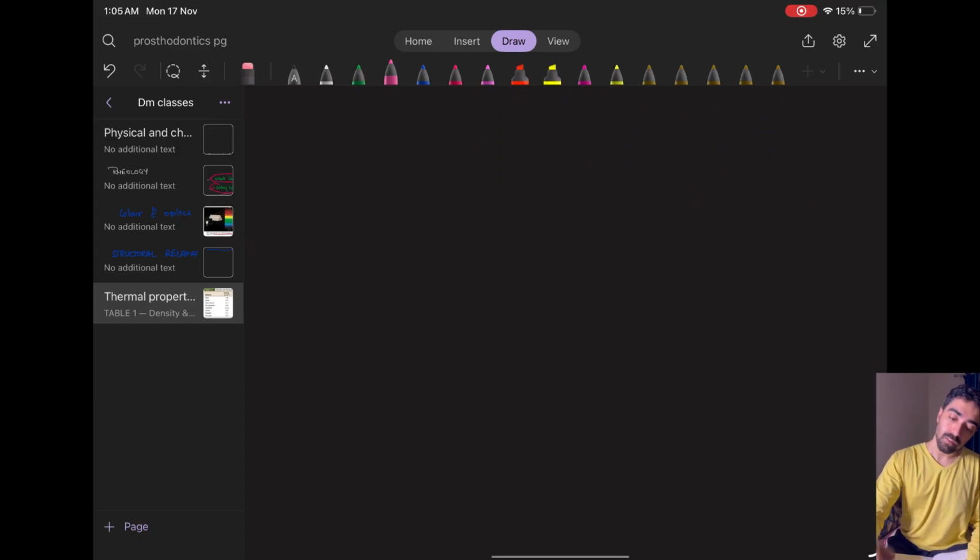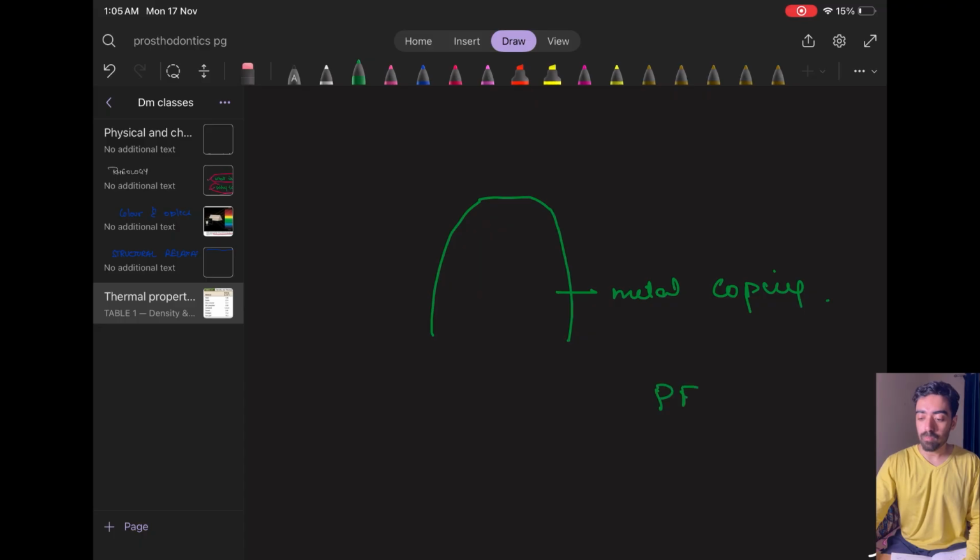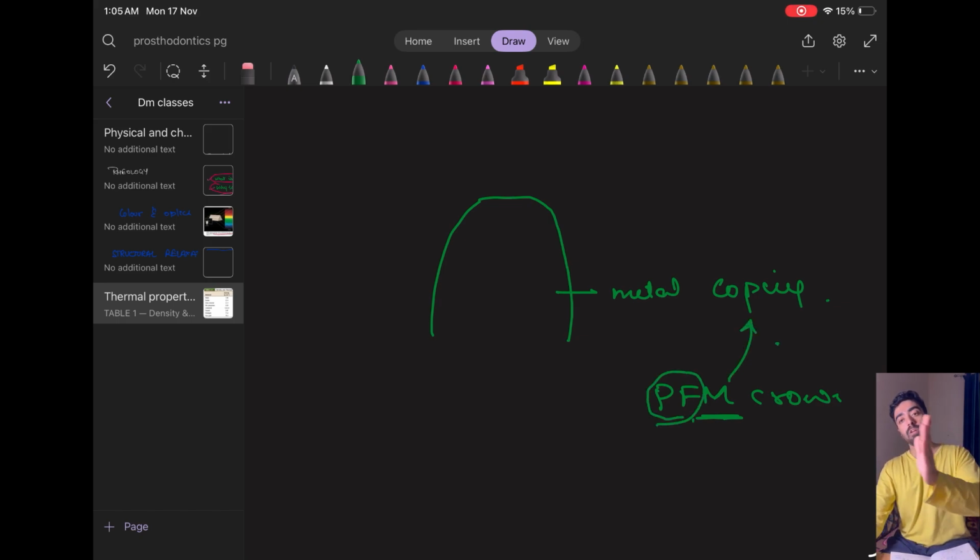Now understand this another concept, why coefficient of thermal expansion is important. Let us say I have this metal coping. What is a metal coping? In a porcelain fused to metal crown, the metal framework or the metal substructure is known as metal coping. Over this, porcelain is painted and then put into a furnace so that it sets.